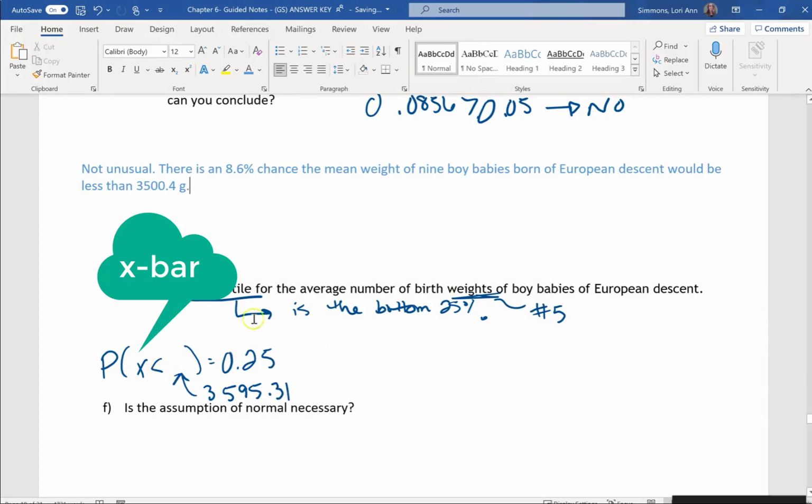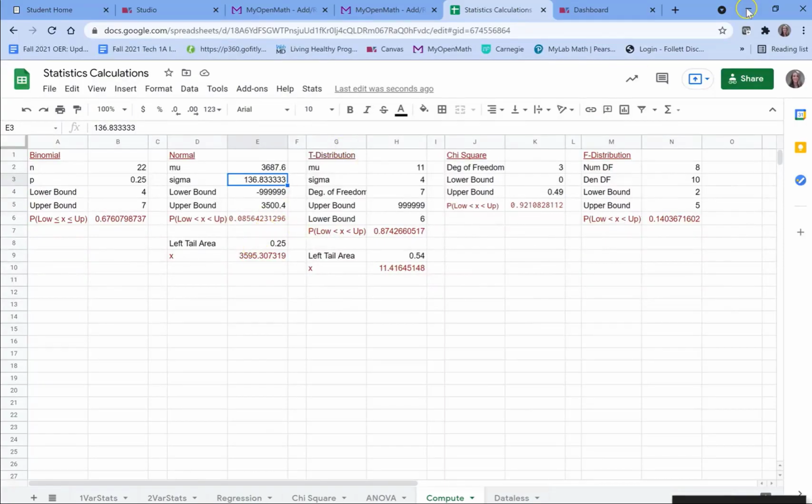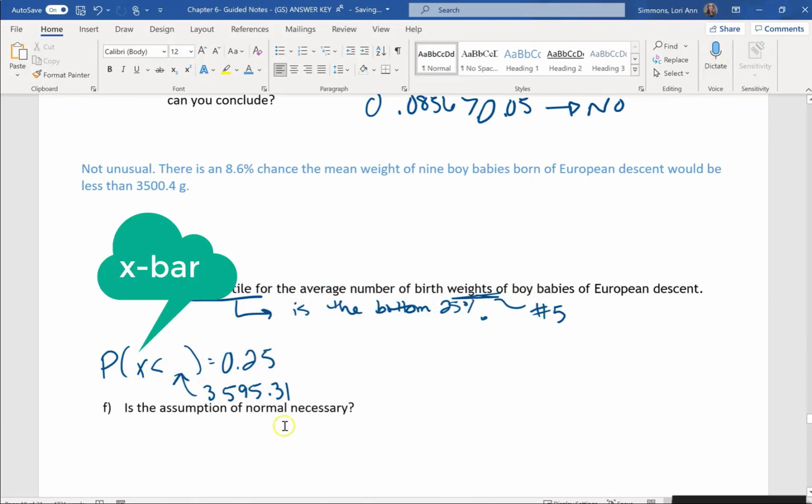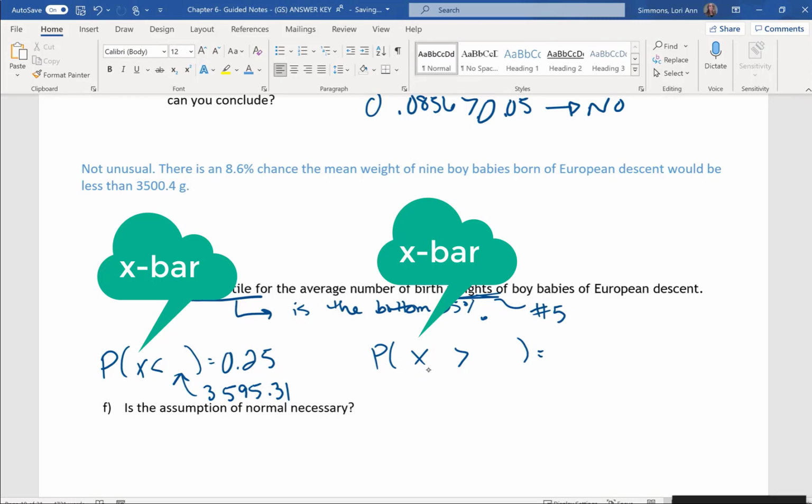Okay, we're doing less than because the way this calculator works, it looks at the tail to the left. So just to make it easier on ourselves, that's why we did it. Now, if you wanted to do greater than, you could, but then it would be greater than a value to equal 0.75. So see how it's going to start getting confusing, because with greater than, you're looking at the 75%, and then you're going to have to switch it back to 25 because you need the tail to the left.